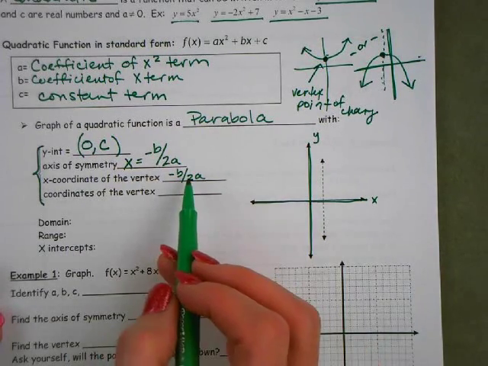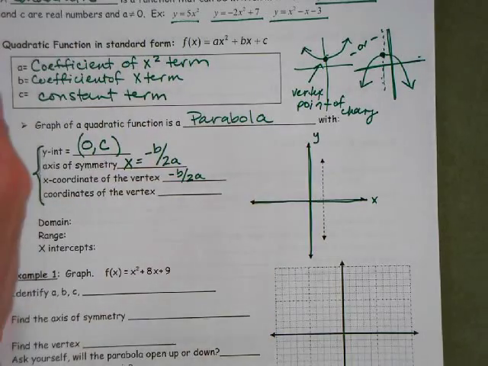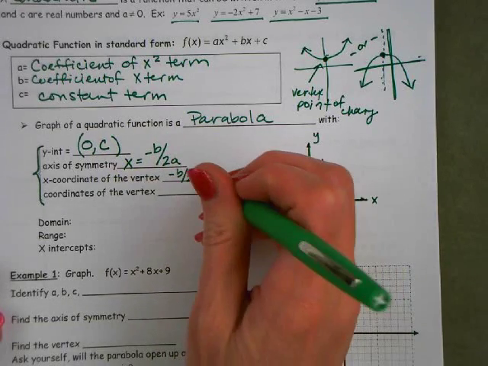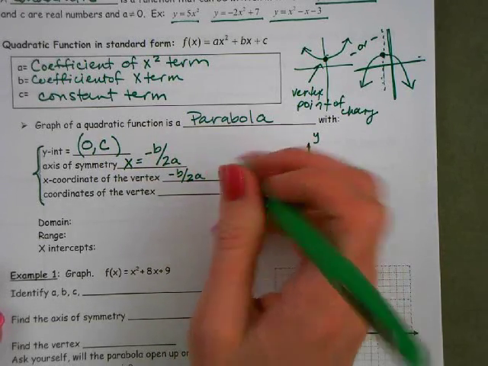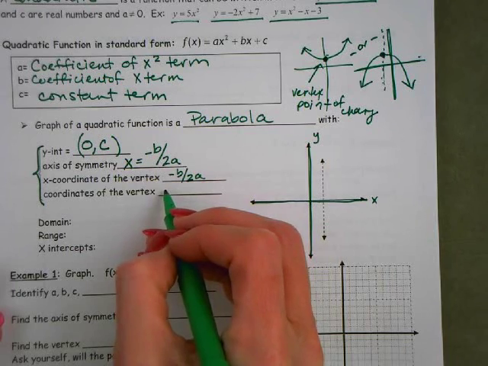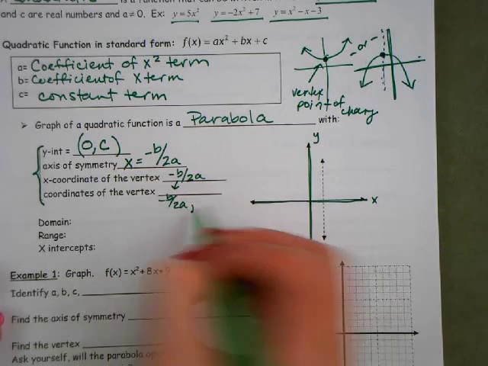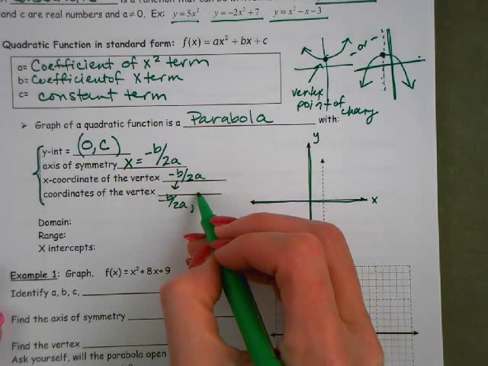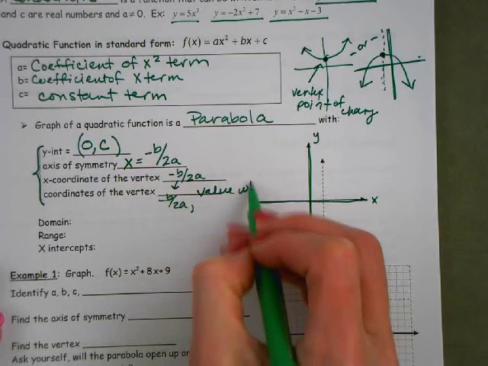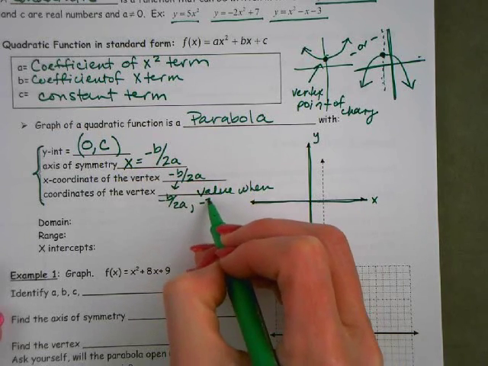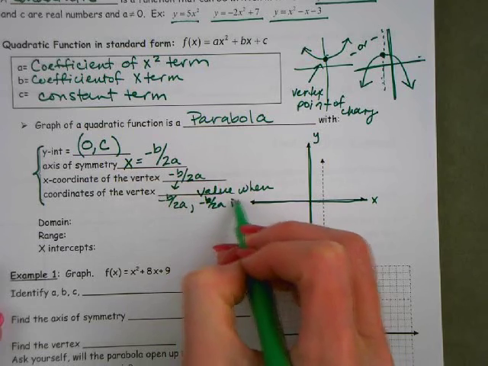So let's say this was 2. I take 2 and I plug it into my function, and I'll get a y value. That is my coordinate of the vertex. Okay, so that's my x, and then the coordinates will be negative b over 2a, and then my y is going to be the value when negative b over 2a is plugged in.